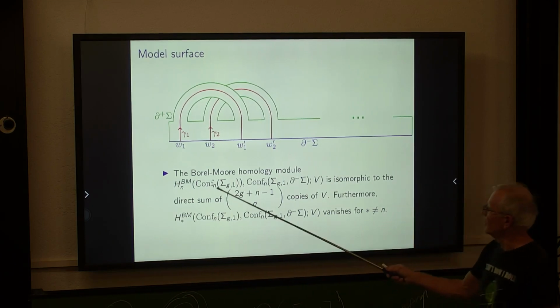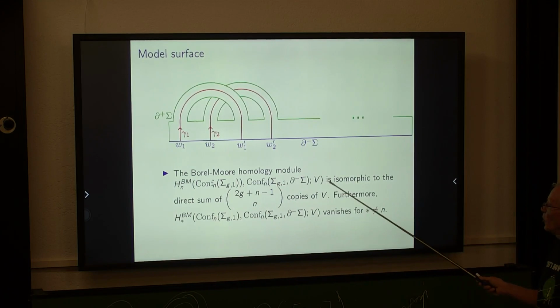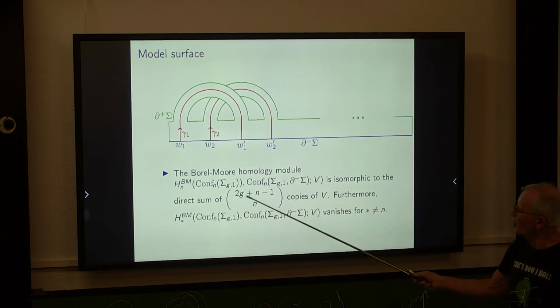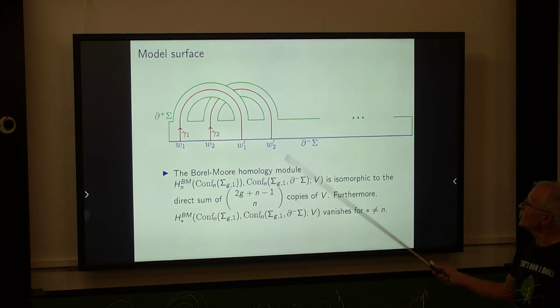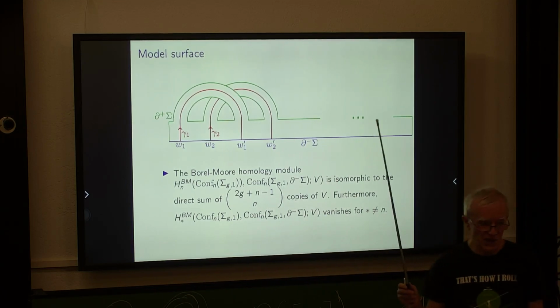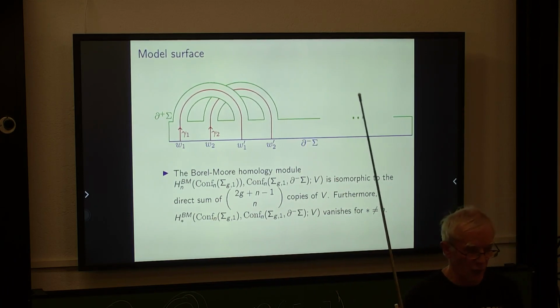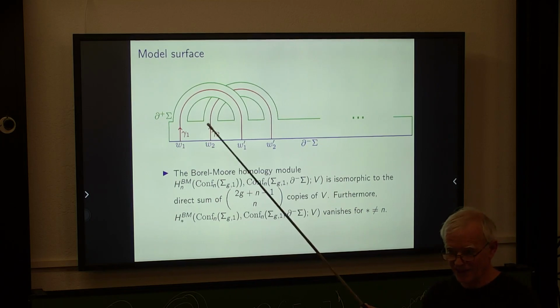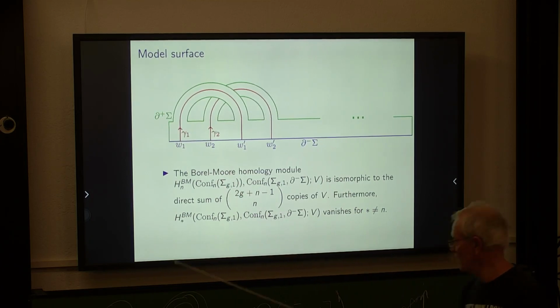And I get that this relative Borel-Moore homology is isomorphic to a direct sum of 2g plus n minus 1 copies of V. Sorry, this is the case where I have one boundary component, but I can also correct and have the general case. So you get just copies of V, because here the relative cells are just products of configurations in the gamma i's, and you just count them. So you can compute this case. And this case was computed elementarily before this Borel-Moore complex setup, but it's an example.